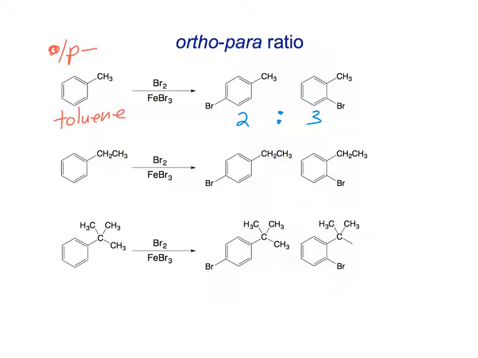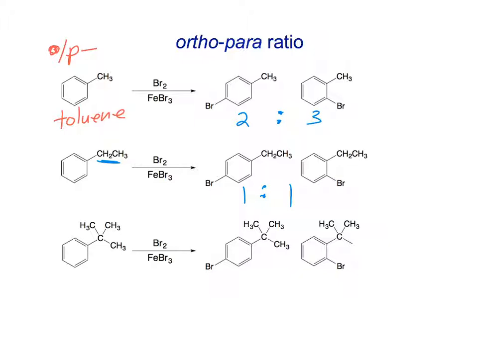Exactly. So it's not so much the electron donating here, but it's that the ethyl group is bigger than the methyl group. So there's going to be some steric strain when trying to have the bromine attack at the position ortho to the ethyl group. And so now we go from 2 to 3 to 1 to 1.